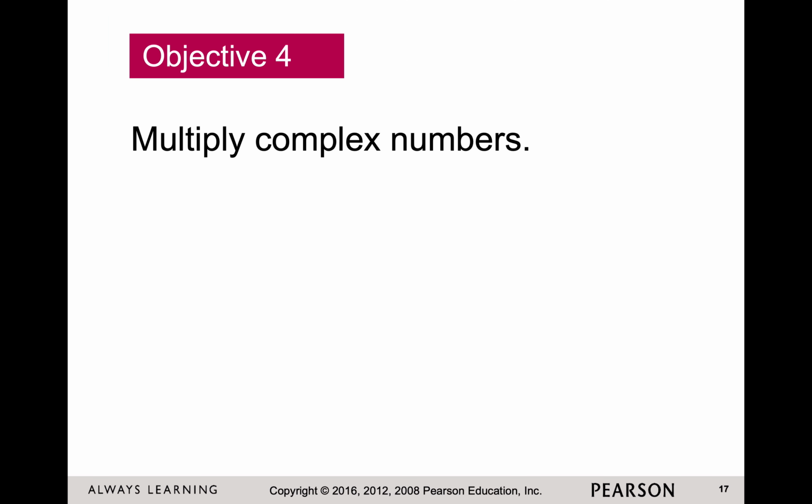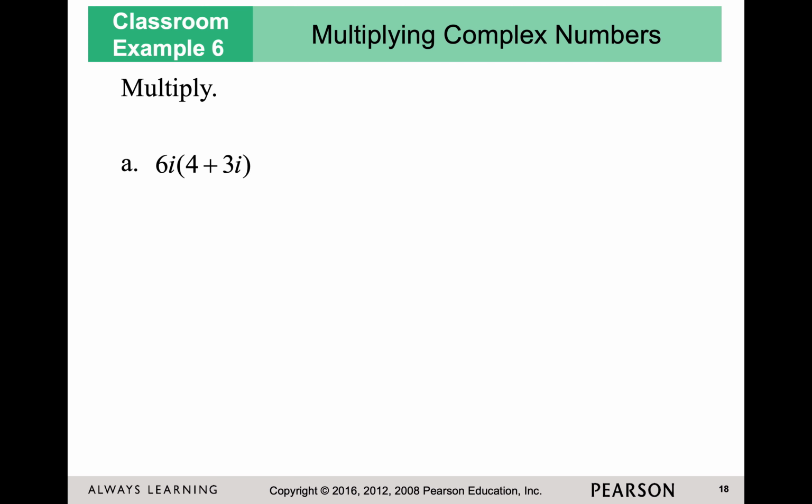When we multiply, this is where we really see the difference in the arithmetic happening. So here, I need to distribute 6i to each term. When I do that, I'm going to have 6i times 3i, which is going to give me 18i squared. 6i times 4 is 24i, but I know that i squared is -1. So I have to convert that over.